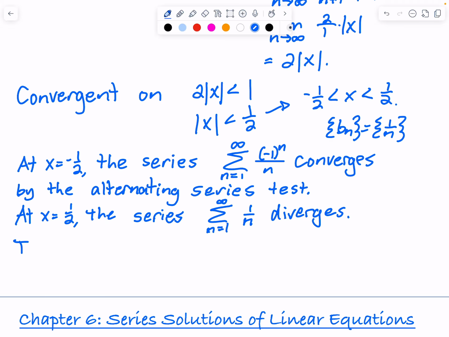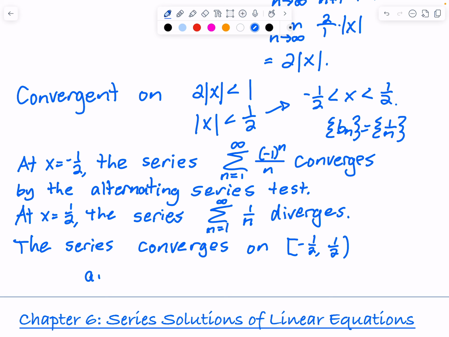So the series converges on the interval from negative 1/2, closed, to 1/2, open. And in this case, r would be 1/2. So our two answers here are negative 1/2 to 1/2, and r being 1/2.